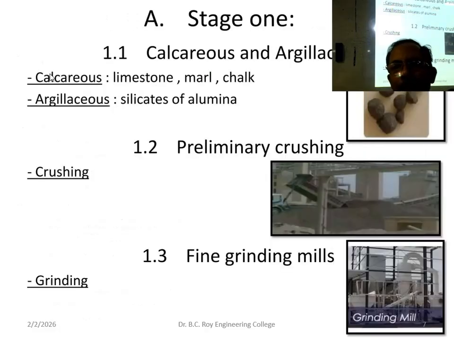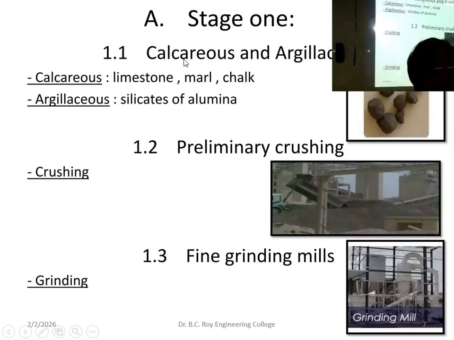Okay. So now this is stage 1 in detail. Calcareous means calcium compounds. Calcium carbonate, limestone. And argillaceous means it is an aluminosilicate type of clay. These two things are taken. So silicates of alumina, it is written, you see. So limestone, marl, chalk.